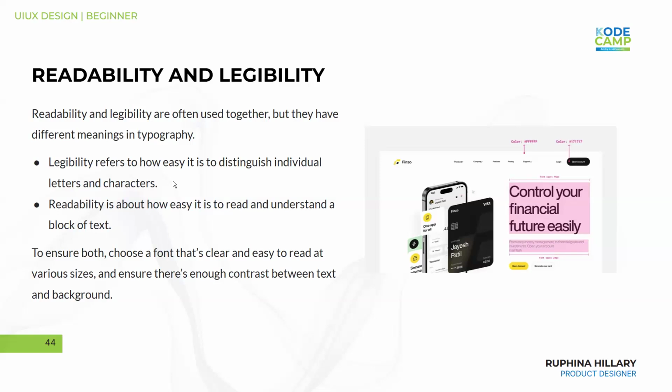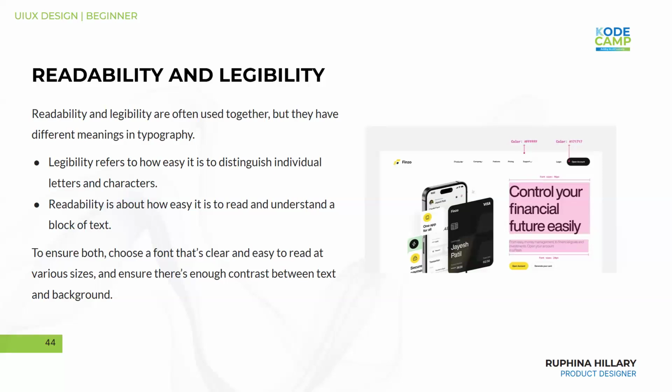Legibility is talking about individual characters. If I'm able to differentiate this text, the text is legible. If you look at some handwriting, there are some people that write their G or their B in a very weird way, and you might not be able to identify what letter or character it is. That's a problem with legibility.